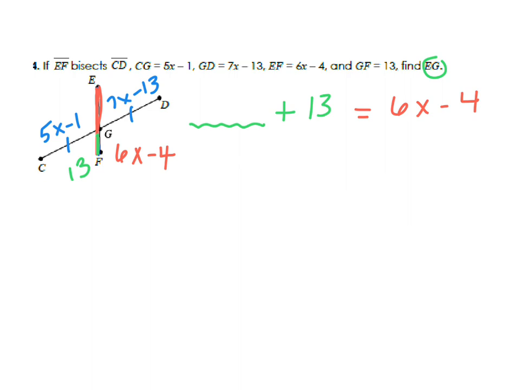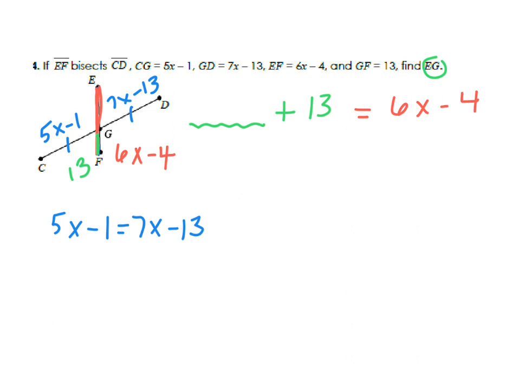So this is a two-step type of situation. They want us to use the original information in blue here, the 5x minus 1 equals 7x minus 13. Since that segment is the segment bisector, I can set them equal.